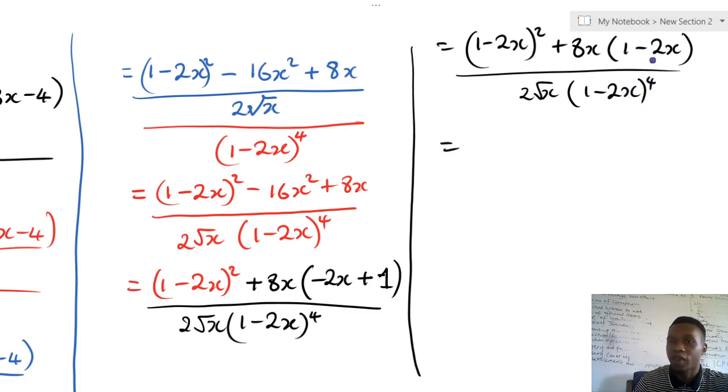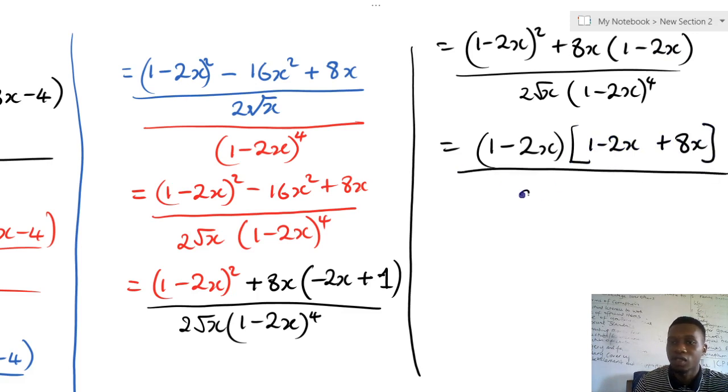I can factorize this value since they are the same. When I factor out, we have 1 minus 2x, since it is the highest common factor of this and this. Then we have this over 1 minus 2x plus 8x over 2 root x bracket 1 minus 2x raised to the power of 4.